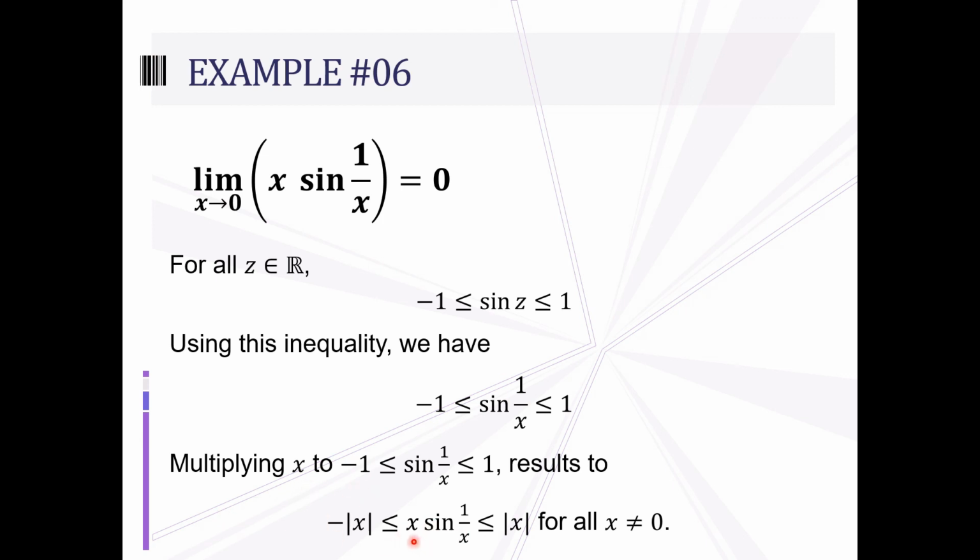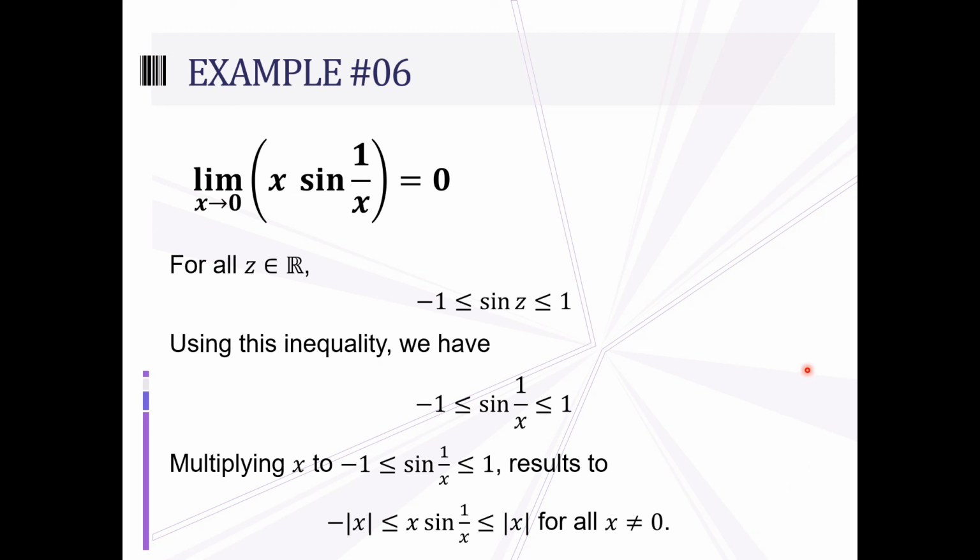Kapag negative yung x natin dito at wala yung absolute value dito, what happens? Okay? This becomes positive. Okay? Parang magre-reverse na yung kanyang inequality. Okay? Ganon din dito, magiging negative to pag walang absolute value. So, para i-generalize that for x not equal to 0, lalagyan natin siya ng absolute value.